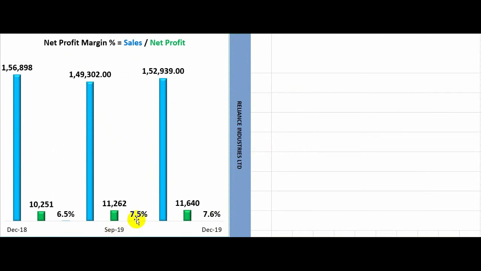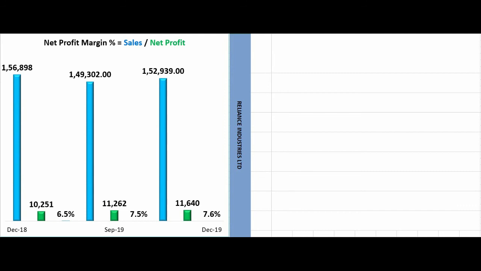So on an overall basis the margin for the company is quite low, because it trades in volume rather than in value. So this completes my analysis of Reliance Industries on a graphical basis.